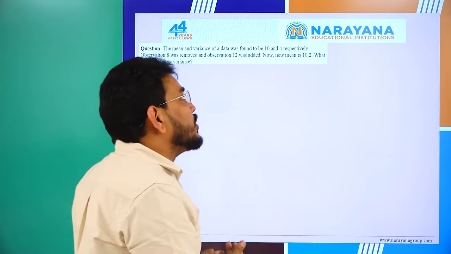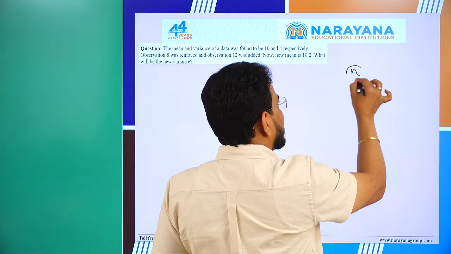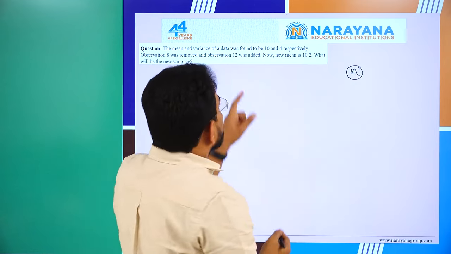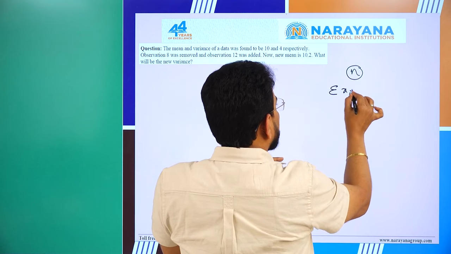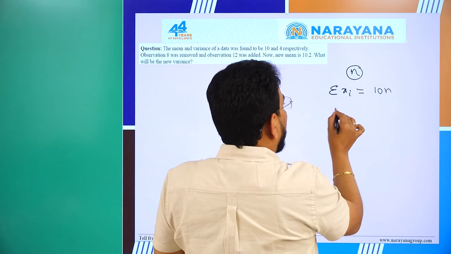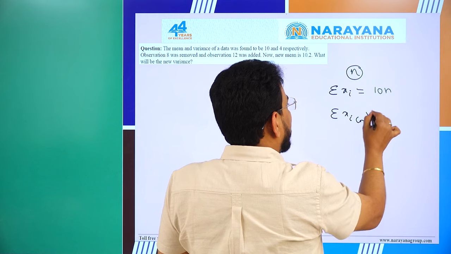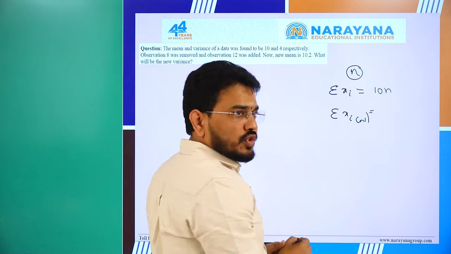So they didn't talk about the number of terms. So let me assume that the number of terms is equal to n. If n is the number of terms, then as per the sum of the numbers, sigma xi original is equal to 10 into n, 10n, and sigma xi new one will be equal to, what is this one? New mean is 10.2.